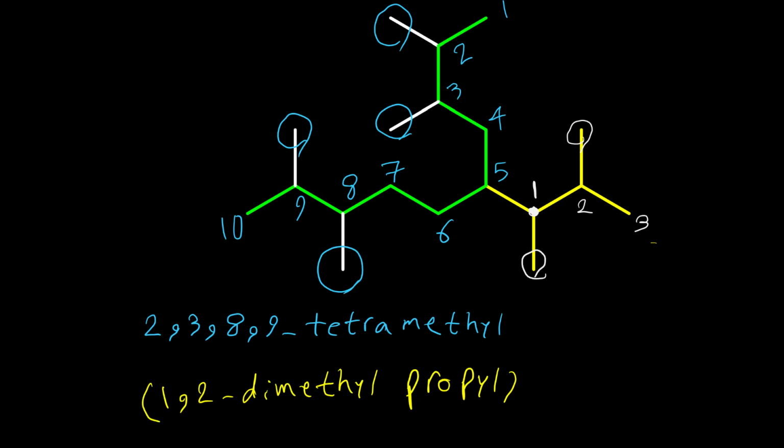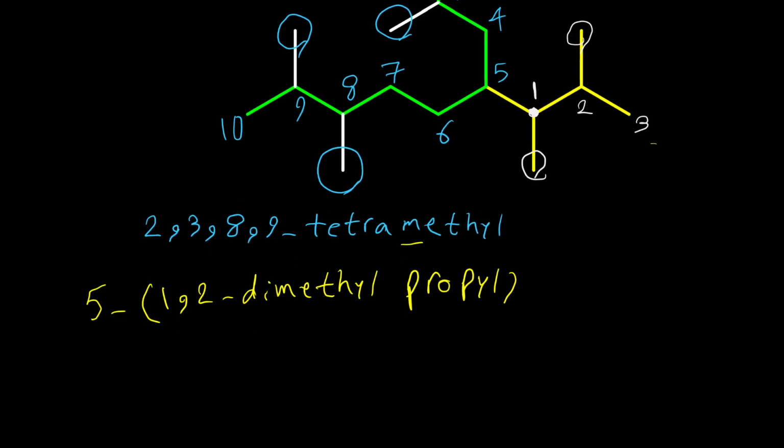So on carbon 5, we have this big group and its name is 1,2-dimethylpropyl. And regarding the alphabet, we look at the parent chain of that alkyl group. So we have methyl here and we have propyl here. So when we want to write the name of this compound, we should start with the methyl group first.